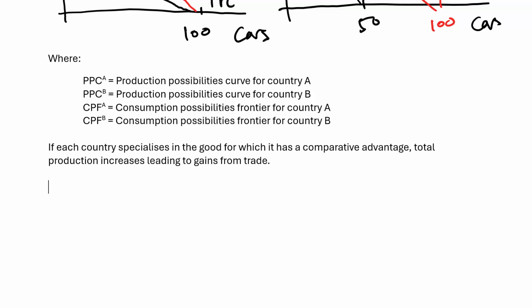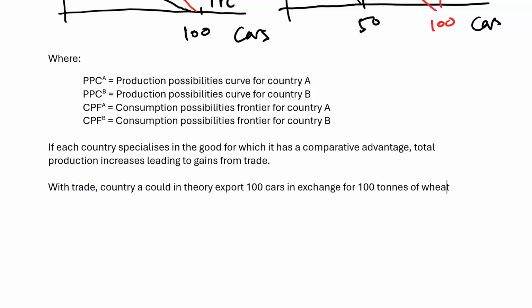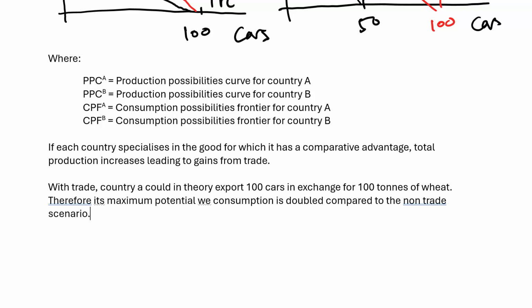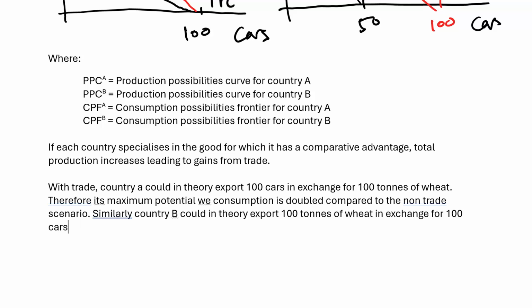With trade, country A could, in theory, export 100 cars in exchange for 100 tons of wheat. Therefore, its maximum potential wheat consumption is doubled compared to the non-trade scenario. Similarly, country B could, in theory, export 100 tons of wheat in exchange for 100 cars. Therefore, its maximum potential car consumption is also doubled compared to the non-trade scenario.